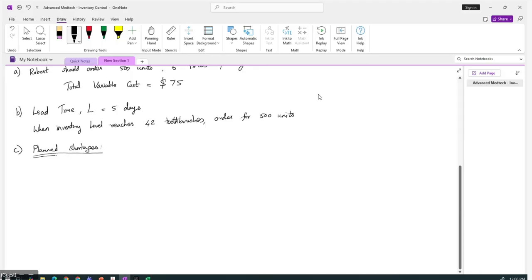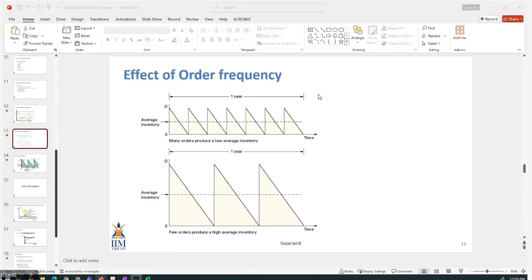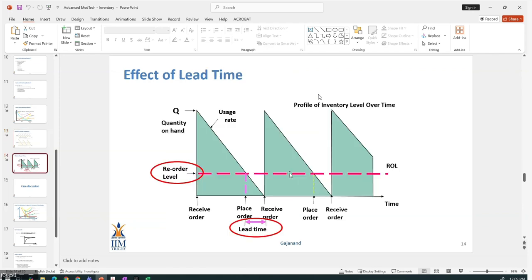So when we talk about planned shortages, I hope you remember this graph that we saw in the PPT, right? Here, 0 is the lowest inventory level, Q is what we are ordering, and this is the reorder point. I hope you remember all this.